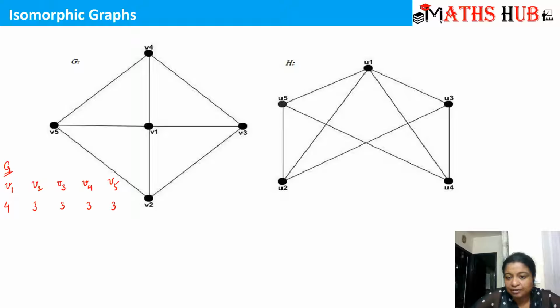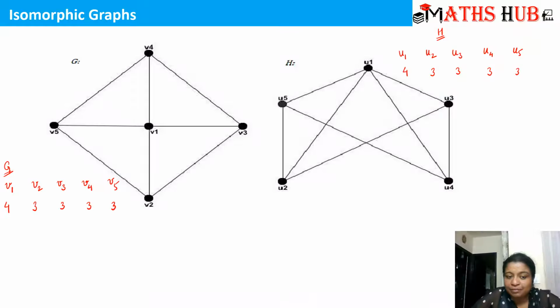Now let's talk about graph H. How many vertices does graph H have? We have U1, U2, U3, U4 and U5. The U1 vertex has degree 4, and U2, U3, U4 and U5 all have degree 3, right? So can we say that it has the same number of vertices and the degrees of the vertices are also the same?